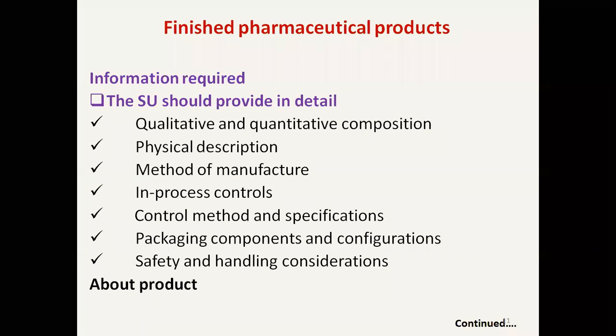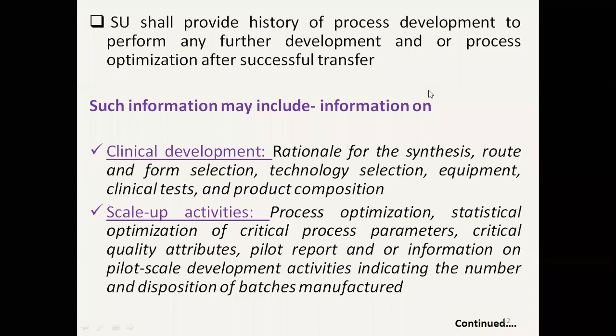So when the product has been prepared, the SU should provide information on the history of process development, how they developed the process, and any other further information required to enable the RU to perform any further development and or process optimization after successful transfer.